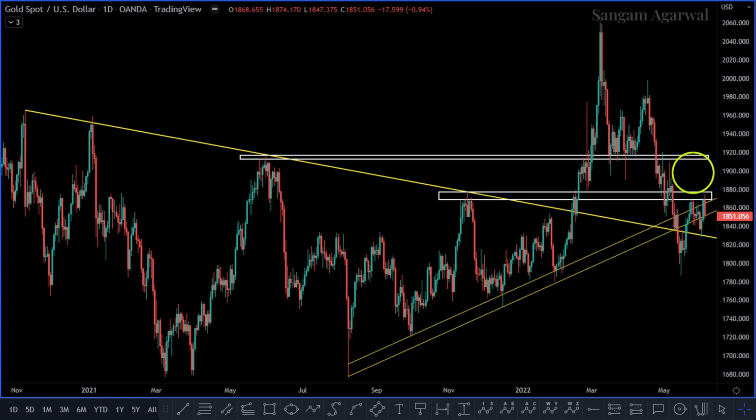Right now it is making resistance on this first resistance zone, and if this breaks, then the next target will be this upper resistance zone near 1917. And if this breaks, then it will confirm that the gold bullish trend has started, which will be confirmed by the next CPI and FOMC meeting.